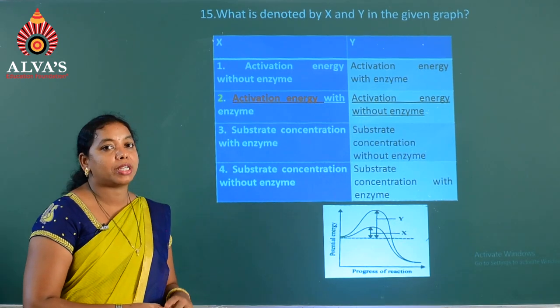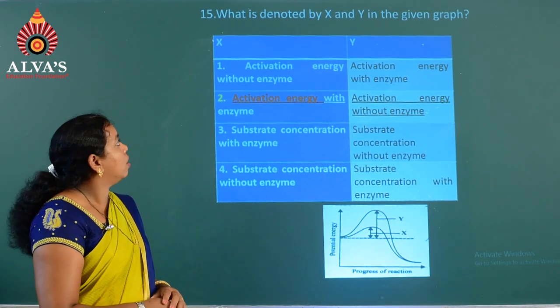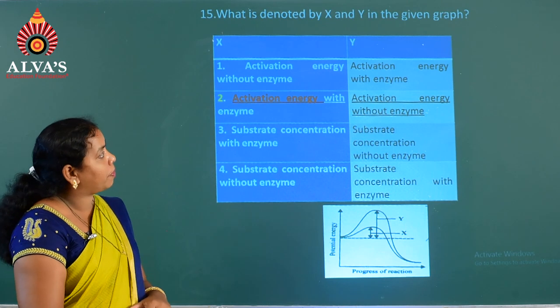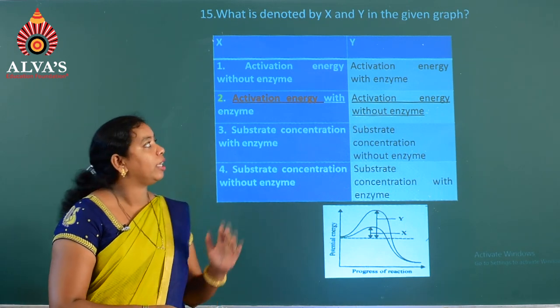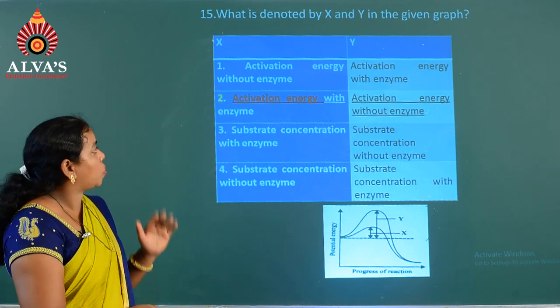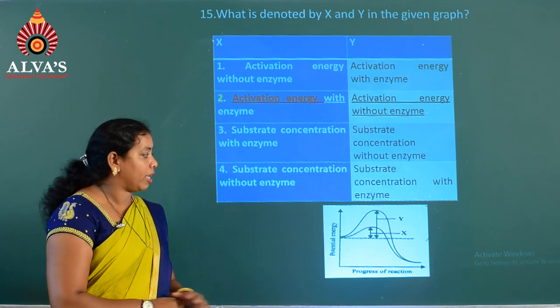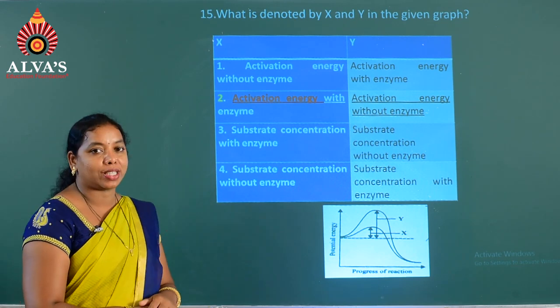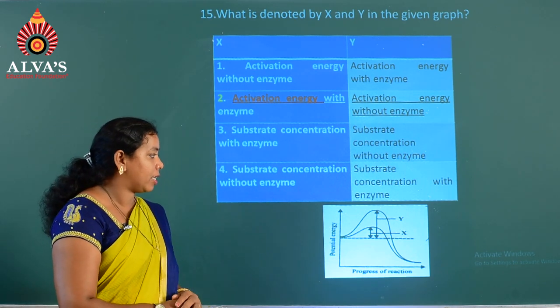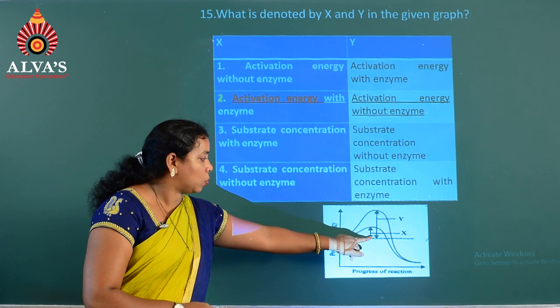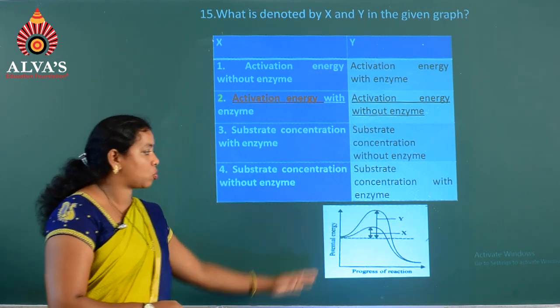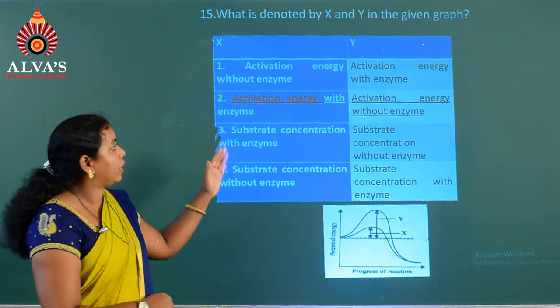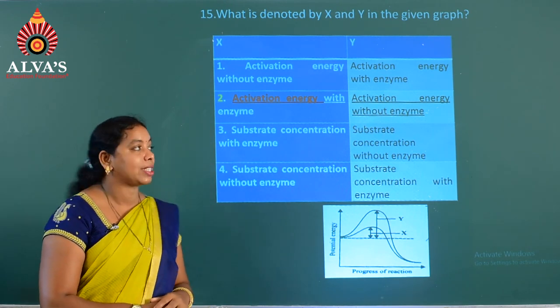Moving on to the next question, question number 15. What is denoted by X and Y in the given graph? X and Y, this is the diagram of the activation energy concept. Based on this figure, we have to correctly identify which option is correct.